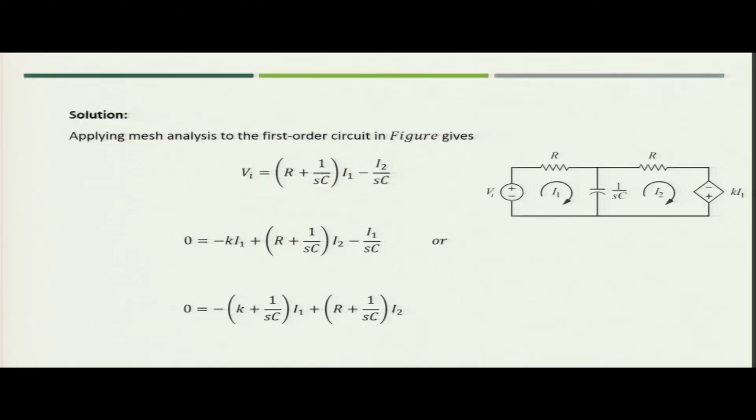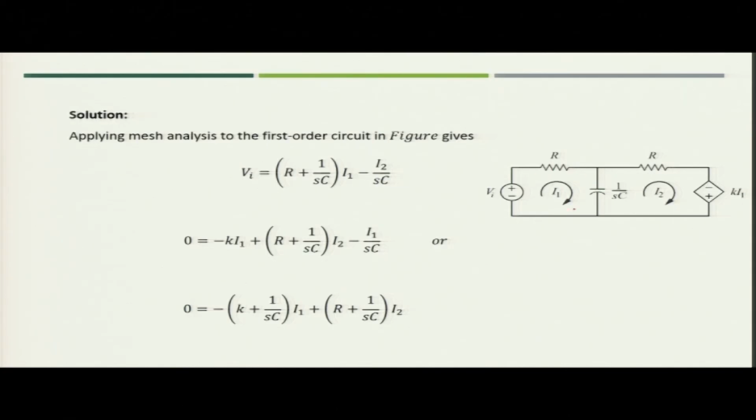So, what we have to do? We have to first use the mesh analysis and write the equations for these two loops. For the first loop, what you can write? Vi is nothing but R plus 1 by Sc, both are in this particular loop, into I1.